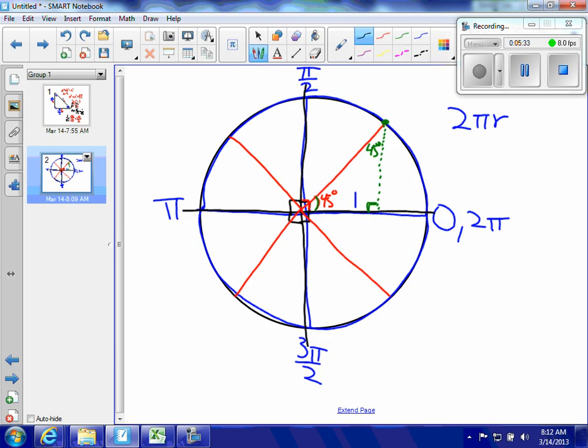Here's my triangle here. So it's telling me that since my hypotenuse right here is 1, this distance is radical 2 over 2. And this distance is radical 2 over 2.